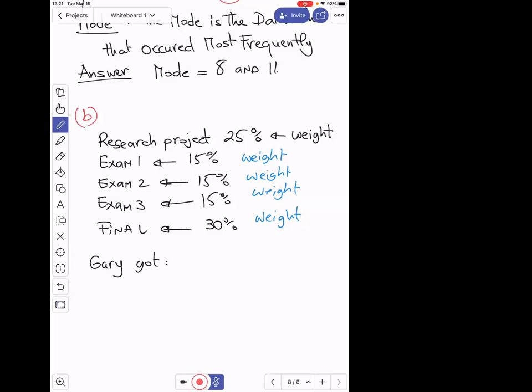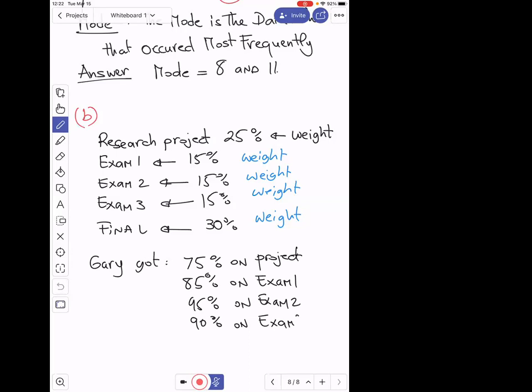So he got 75% on the project, 85 on the first exam, 95 on the second, 90 on the third, and then 88 on the final.